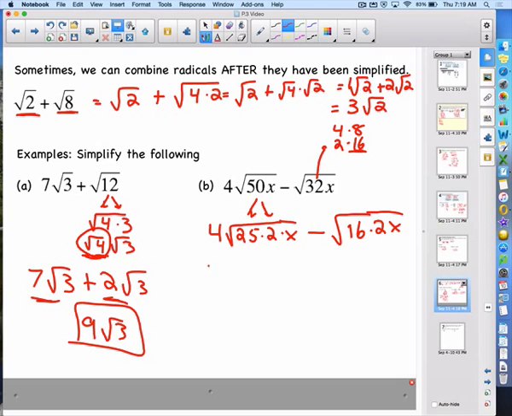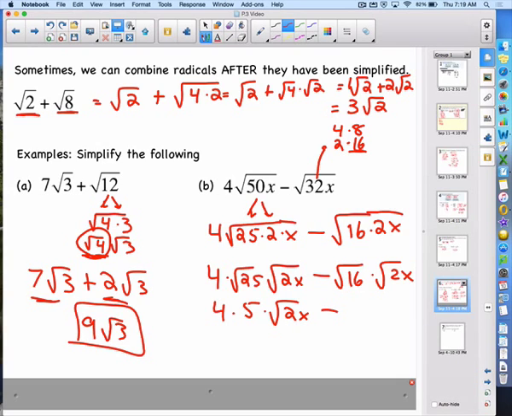And then what happens, I have 4 times the square root of 25, that's my perfect square, underneath I'm still going to have left a 2x, then minus square root of 16 is a perfect square, so I'll pull that out, but then I'm going to be left with 2x behind. So now I have 4 times, the square root of 25 is 5, times the square root of 2x, and then the square root of 16 is 4.